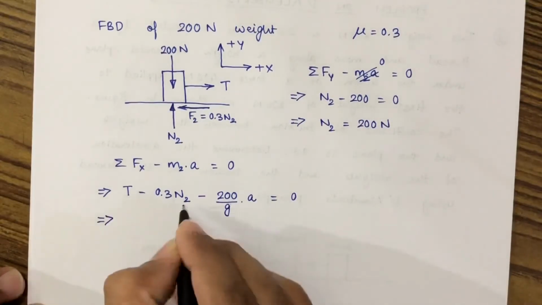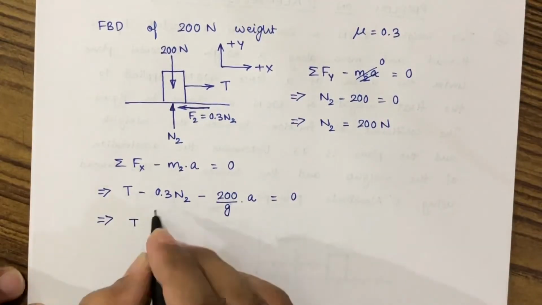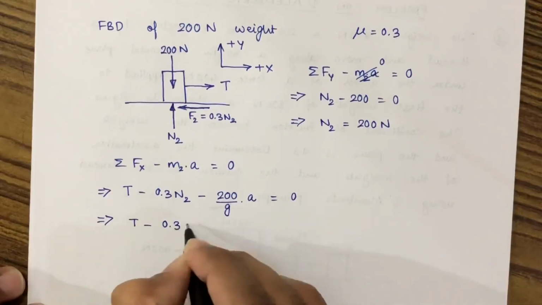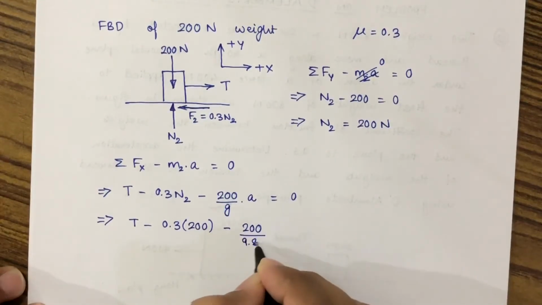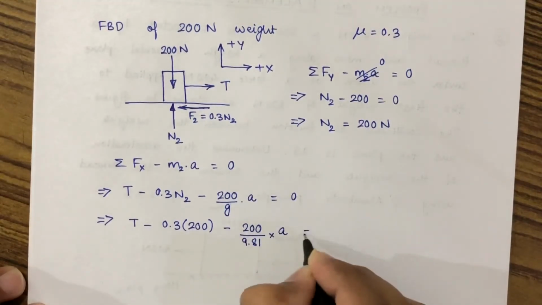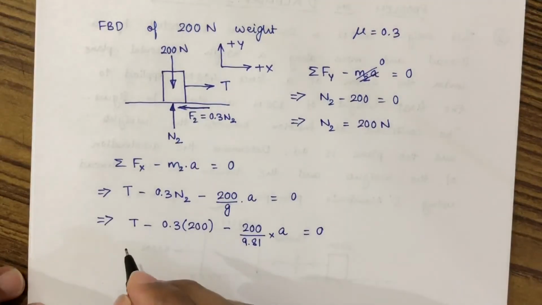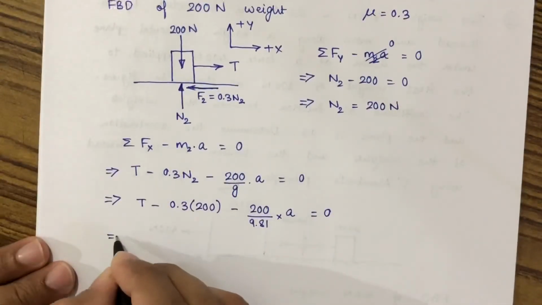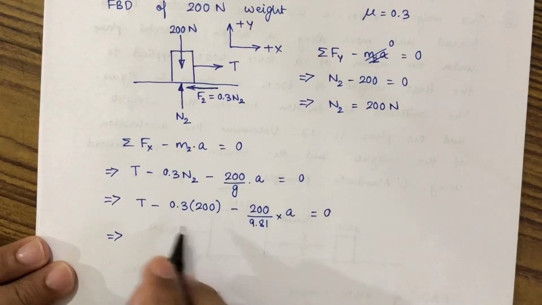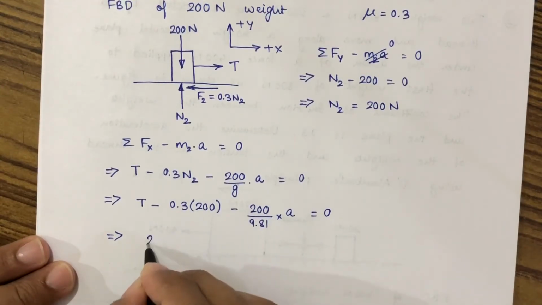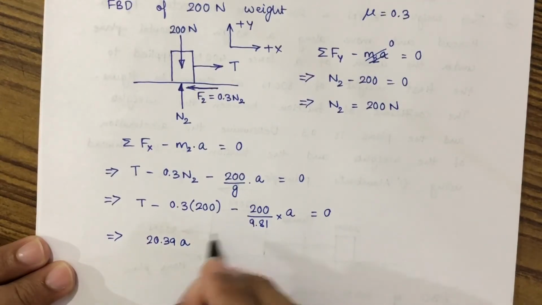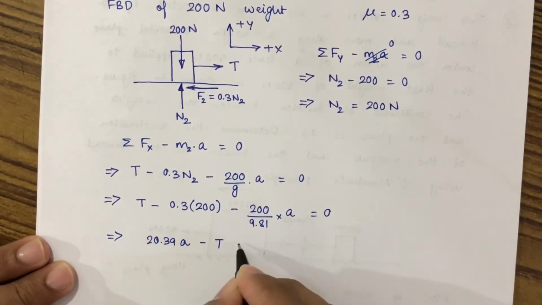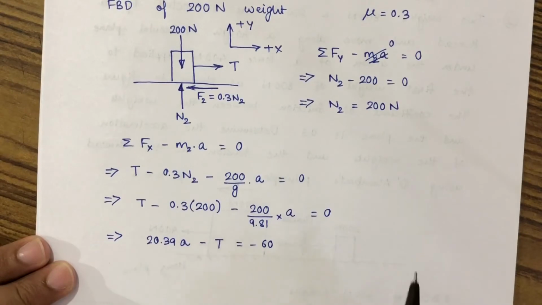Now we can substitute the value of N2 as 200. So this will be T minus 0.3 into 200 minus 200 upon g, where g is 9.81, into a is equal to 0. So on solving this, we can get 20.39a minus T is equal to minus 60.